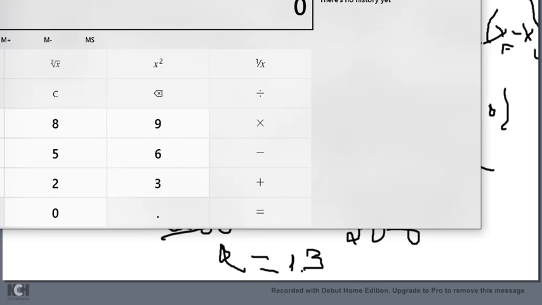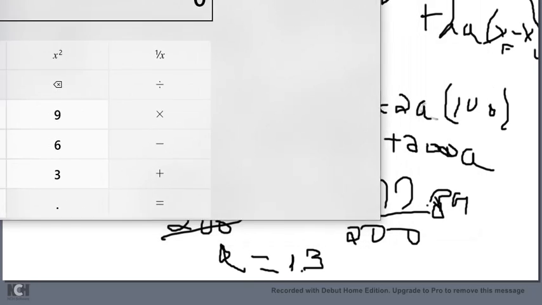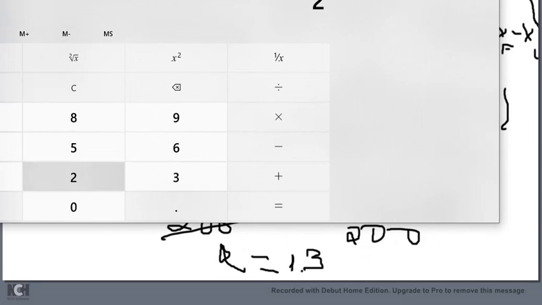Let me bring it back up. 277.89 divided by 200 equals 1.39.